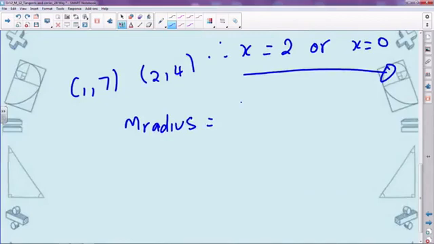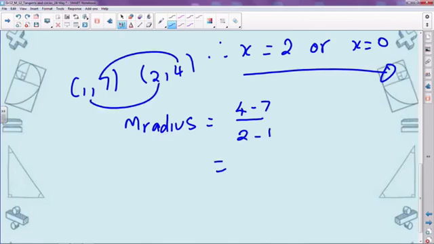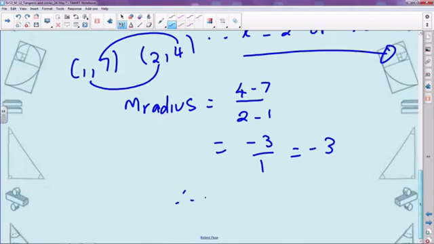So the gradient of the radius will be 4 minus 7 all over 2 minus 1. So that's going to give me minus 3 over 1, which is just minus 3. So therefore, the gradient of the tangent will be the negative inverse of that, which is 1 over 3 with the opposite sign, so positive 1 over 3.